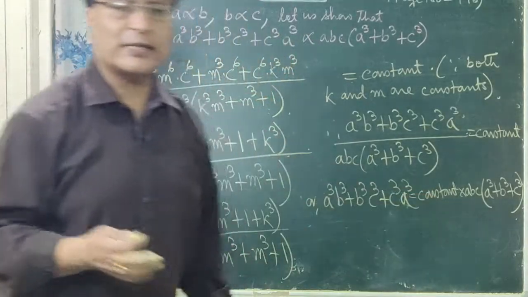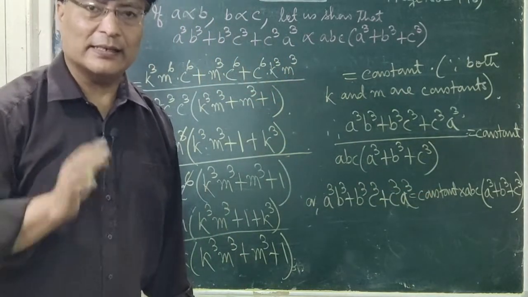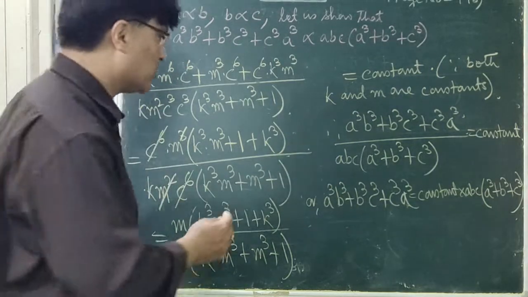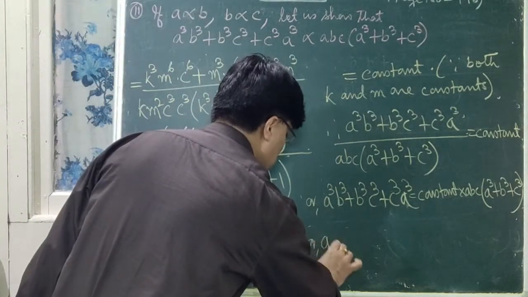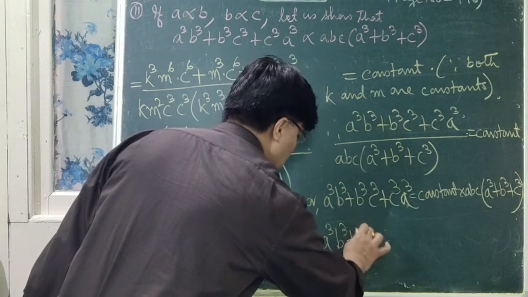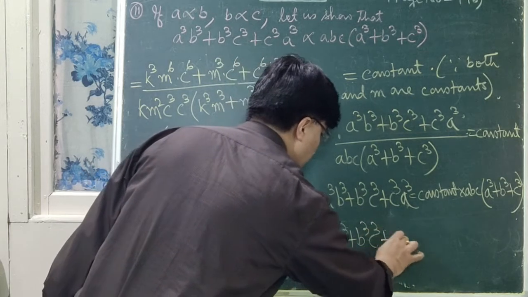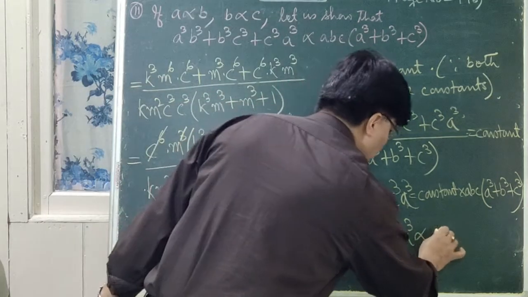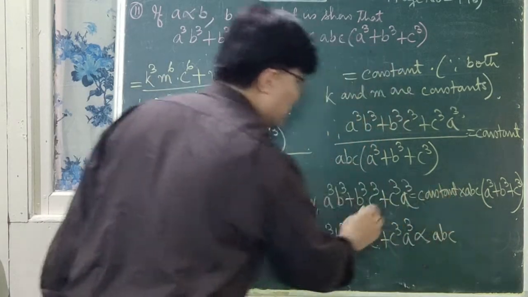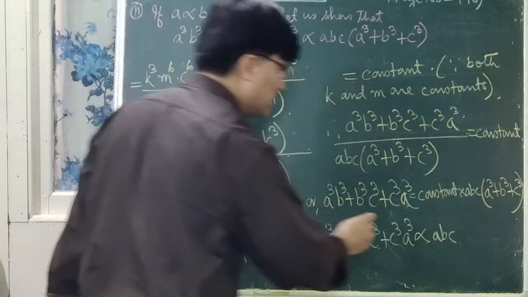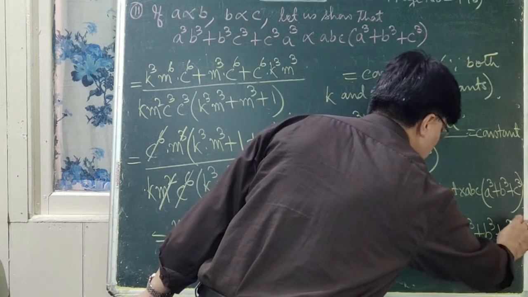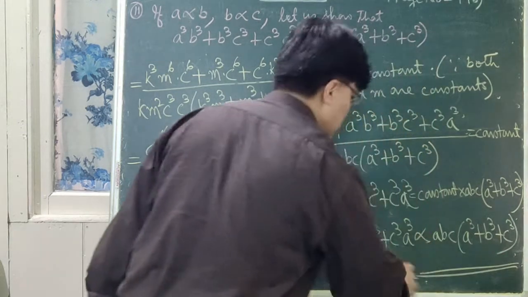Is equal to constant can be replaced by proportional sign. So this is A cube B cube plus B cube C cube plus C cube A cube proportional to ABC into A cube plus B cube plus C cube. So it is proved.